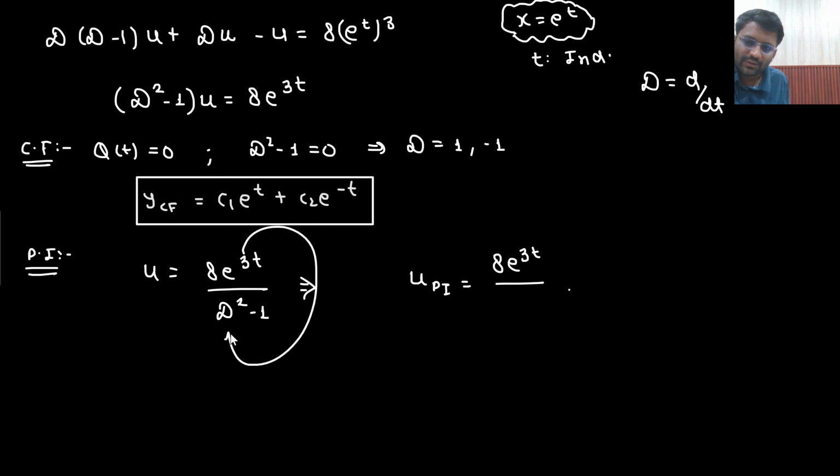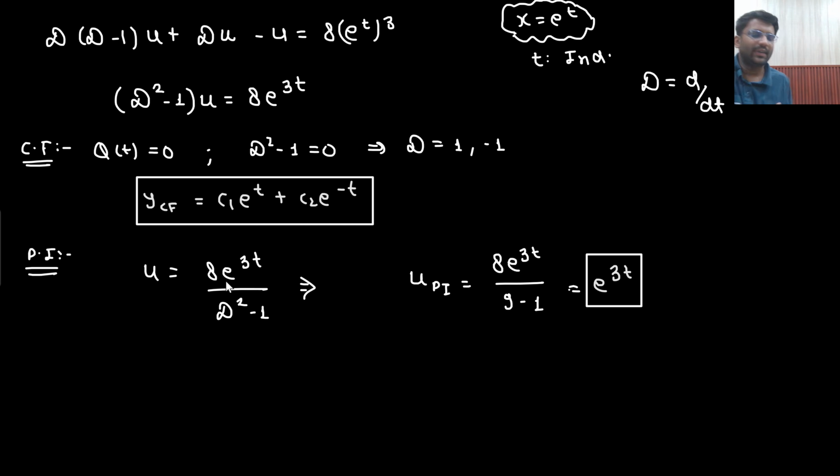So 8 e to the power 3t, so 3 you put here. 3 square will be 9, 9 minus 1, 8. 8 and 8 cancel out. So you are getting e to the power 3t. My PI is coming out to be e to the power 3t. PI is very straightforward, no? e to the power 3t is there, so you simply put 3 here.